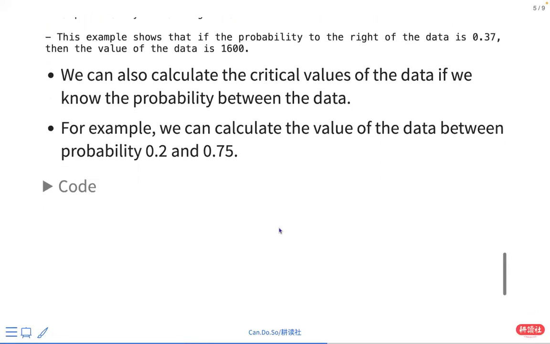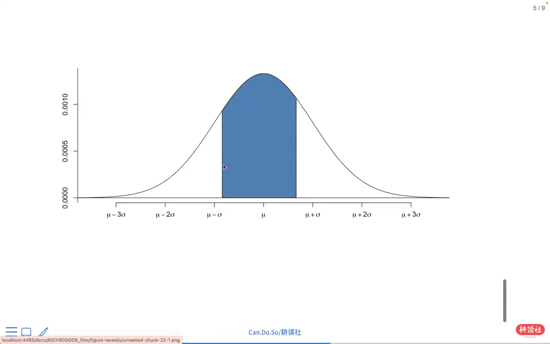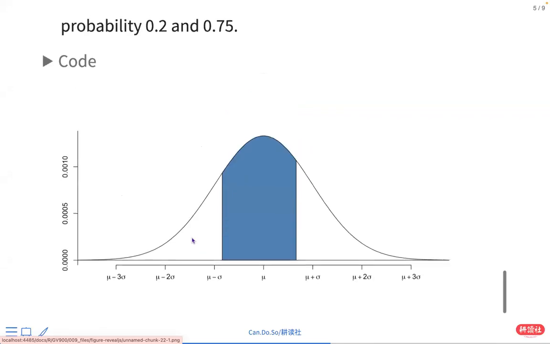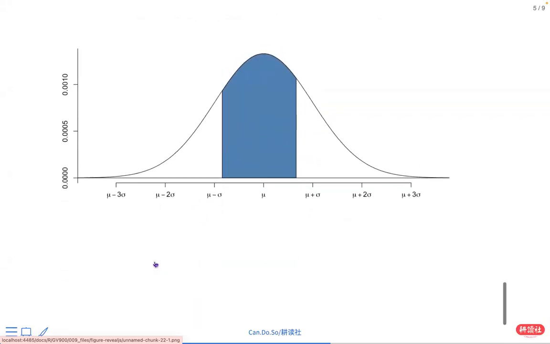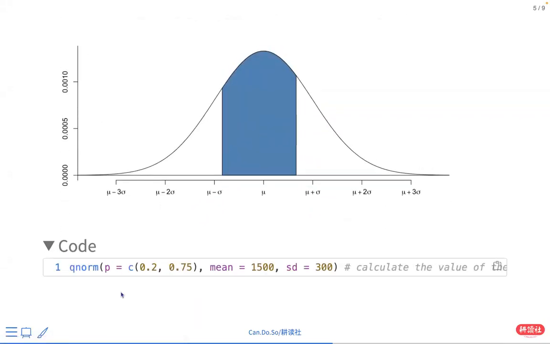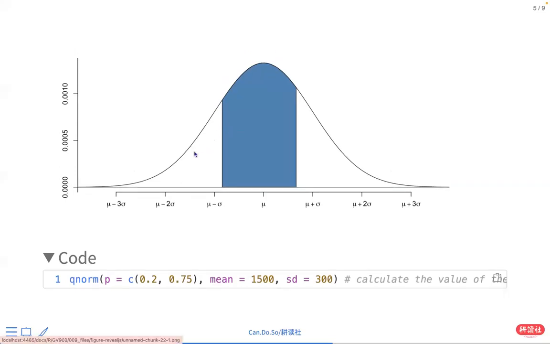And if we know the two parts in the middle, we know this part. So what do we do? If we know this part is 20%, and this part is 75%, so this one is 20% and 55% added together is 75%.